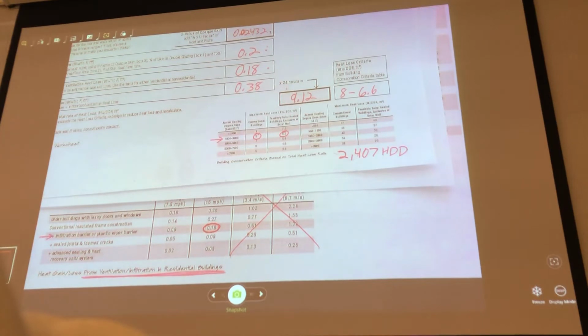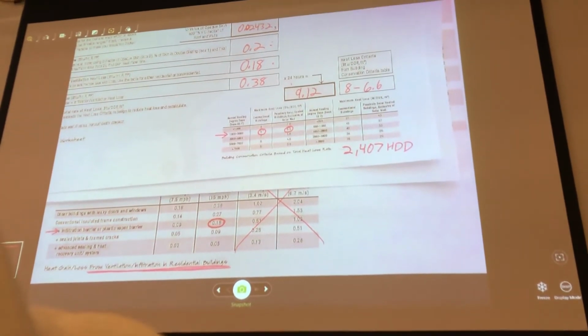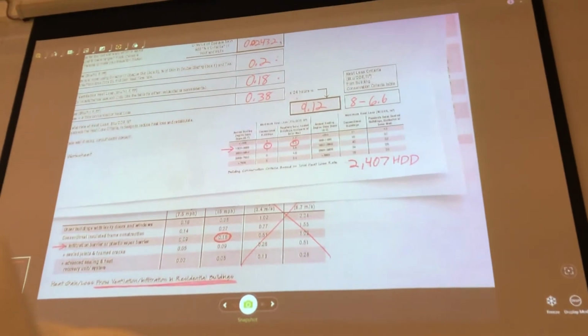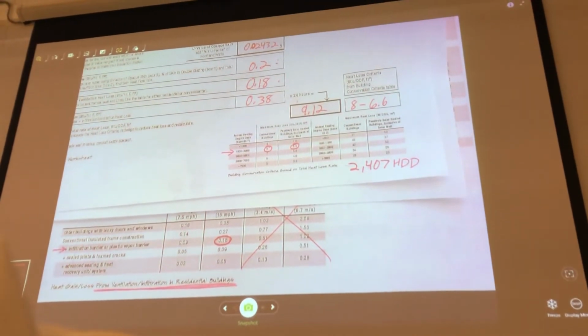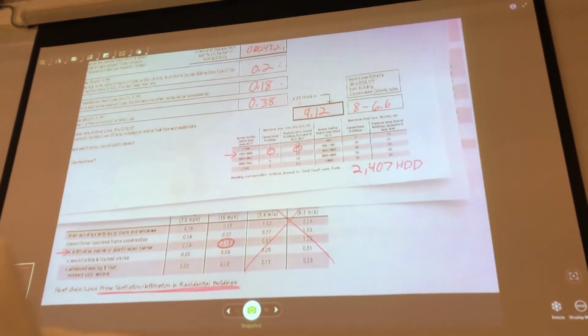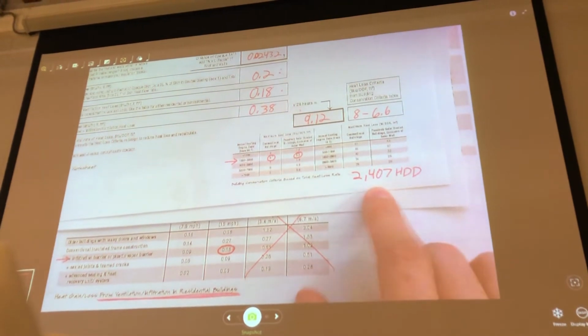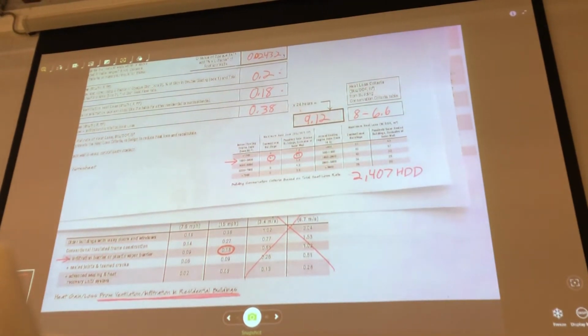So whenever it's 1 degree less outside, that's 1 heating degree day. If the average temperature is 5 or 10 or 20 degrees difference outside, that's 5, 10, 20 heating degree days for that one day. We're going to add that for all of Las Vegas for the entire year. And the average for Las Vegas is right at around 2,400. So this right here is just some meteorological data.